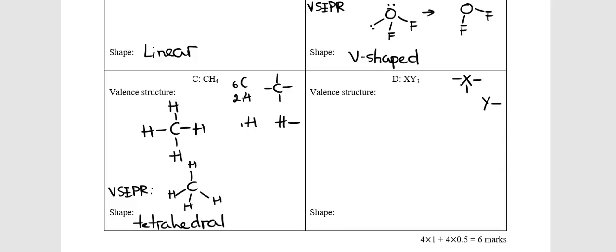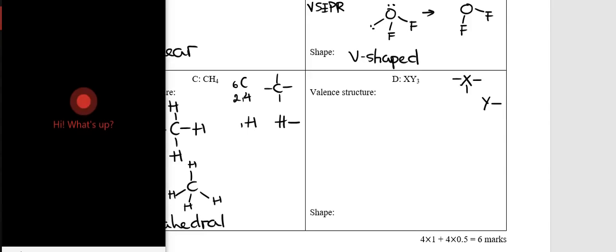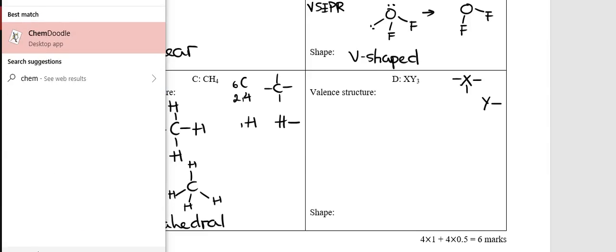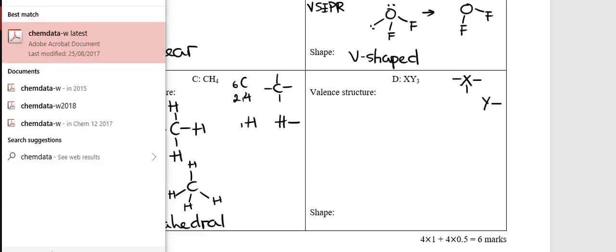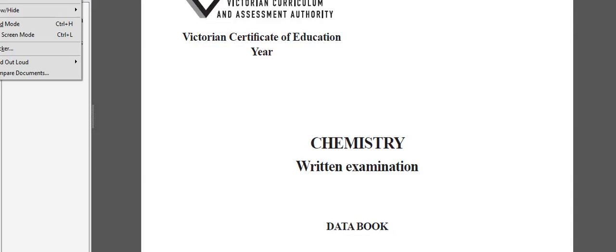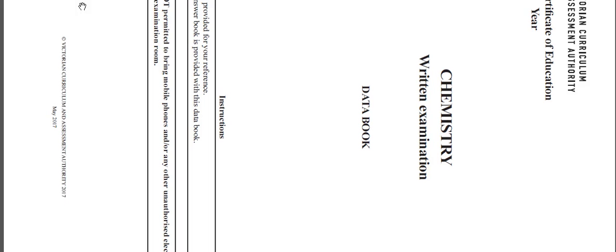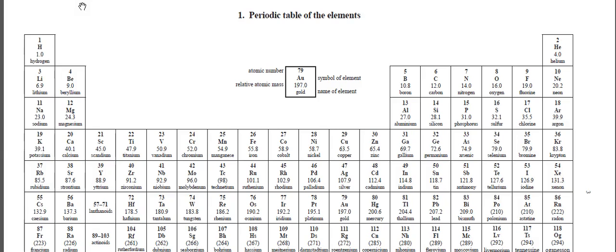Now I'm going to pull up the data book just to get the periodic table. All right, and we're looking at period 2 elements. Now if you want to have 1 bond, that would be fluorine.